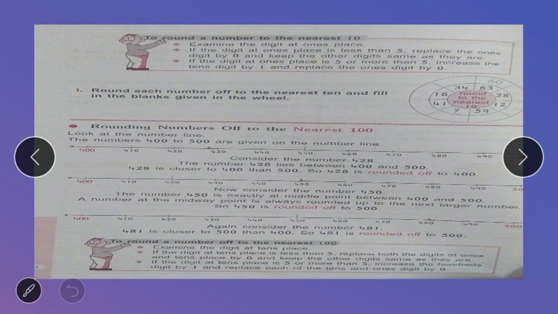In this second example, consider the number 450. The number 450 is exactly at the midpoint. Here this is the midpoint. So the tens place is 5. Just see the tens place here for rounding to the nearest hundreds. Tens place is 5.